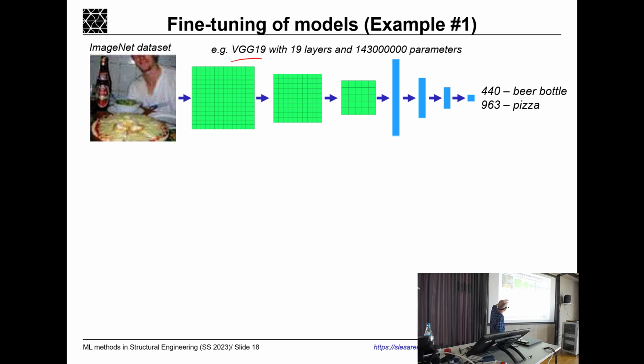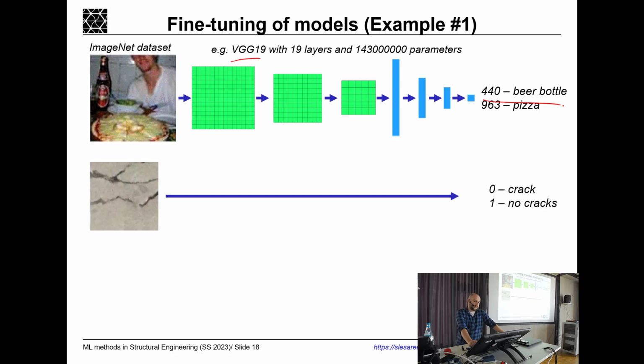This dataset contains 1,000 classes, and two classes that actually exist in this dataset are a beer bottle and a pizza. I don't know actually what will be picked from this dataset, but let's say it will be a beer bottle. This model is trained on the ImageNet dataset, and this is a more or less common image that we have.